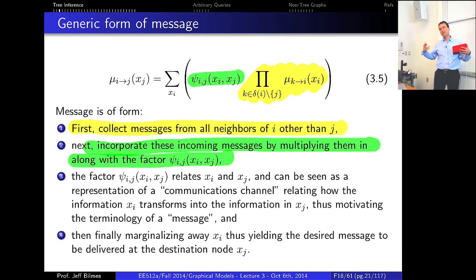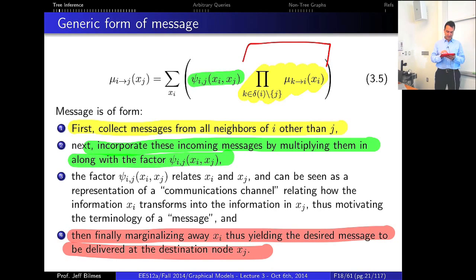These are the messages that i has received; you can think of that as the information that i has received from its neighbors other than j. Then there's the communications channel between i and j. We package together the information that we received from all of i's other vertices, and the communications channel between i and j. Then we form a new message going to j, which is this last marginalization step, this bit. That becomes the message at j, that's stored at j.